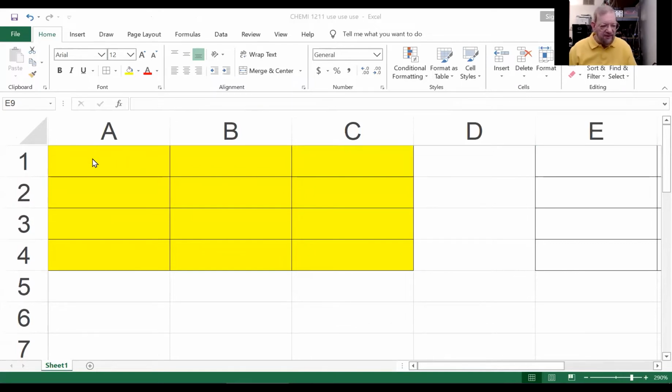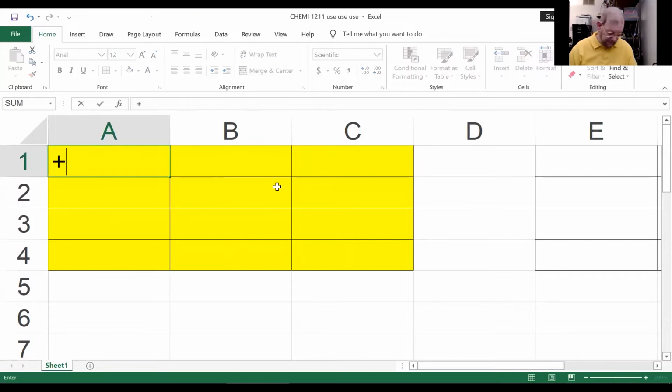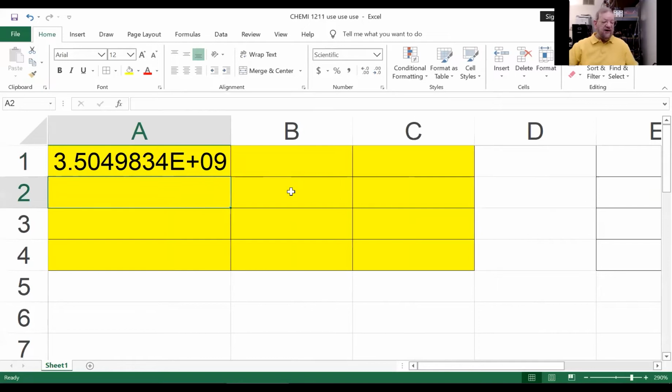And if we come over here, I have 2.11 times 10 to the 33rd divided by 6.02 times 10 to the 23. I hit enter, and oh my goodness, look at the big number my calculator threw at me. And now you've got to round it off.